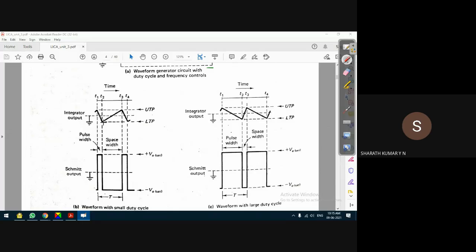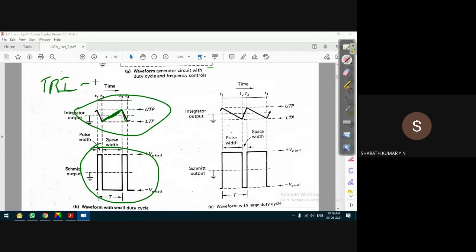So from the triangular and square waveform generator, we are generating sawtooth and rectangular waveforms.